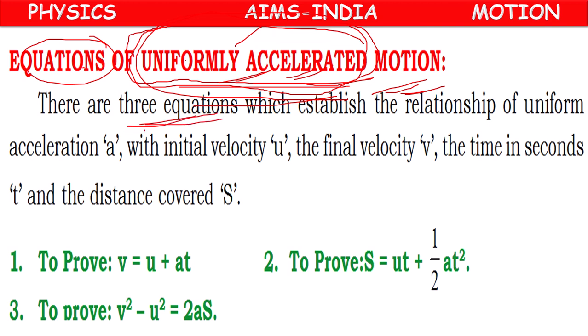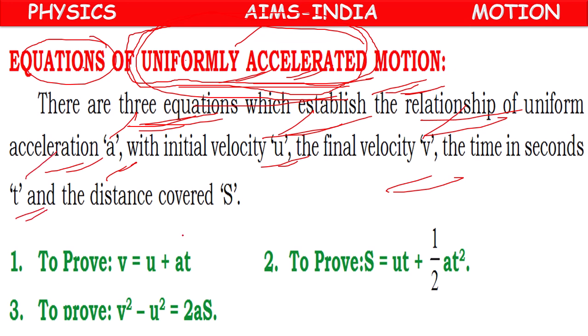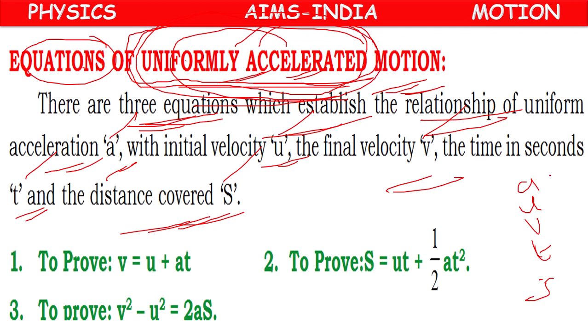So we have mainly three equations which establish the relationship between uniform acceleration a, initial velocity u, final velocity v, time t, distance or displacement traveled s. Means a, u, v, t, s. Means when a body is uniformly accelerating, between these five quantities there exist mainly three relations.